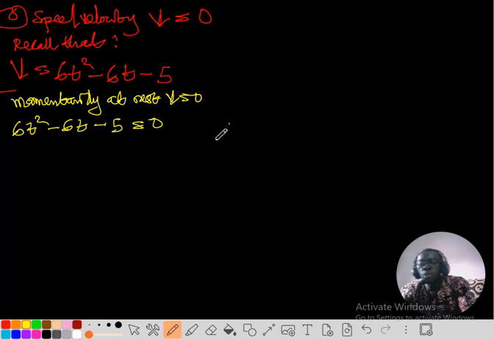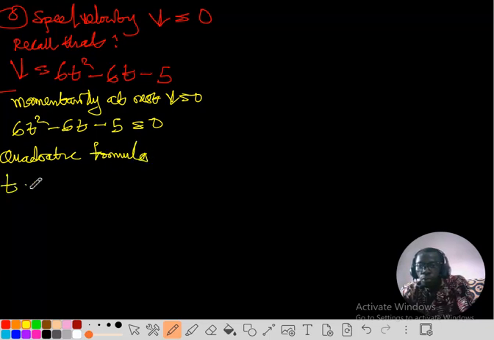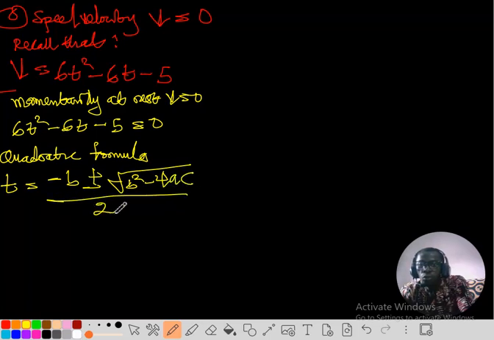Now this becomes a quadratic equation. Then how do we simplify this? We use the quadratic formula. And what are we looking for here? t, which is going to be minus b plus or minus the square root of b squared minus 4ac, over 2a. So if you come back to this equation, this is our b.